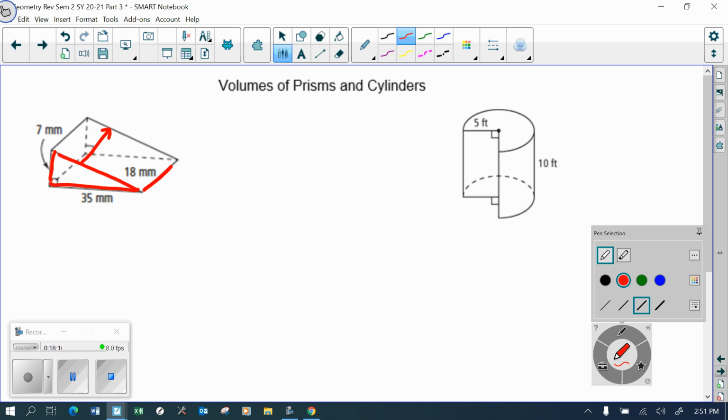So that means this is the height. 18 is the height of it, and here's my base. That's 7, and that's 35. So the volume, okay, of a prism, volume of a prism is area of the base times the height.